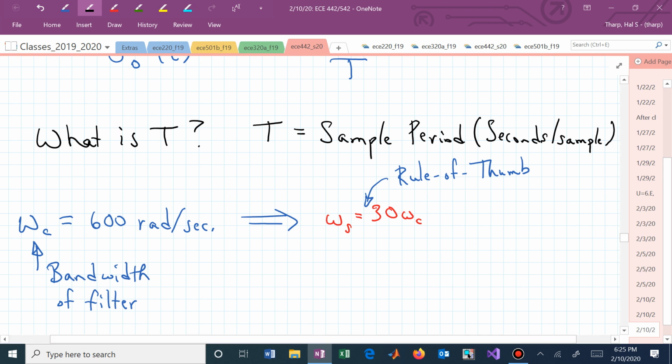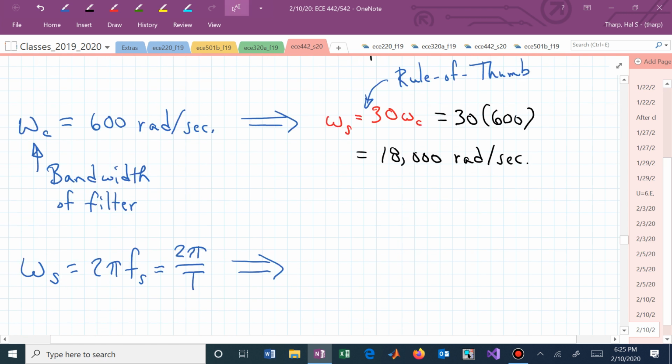This now ends up being 30 times 600, or 18,000 radians per second. That's our sampling frequency in radians per second.